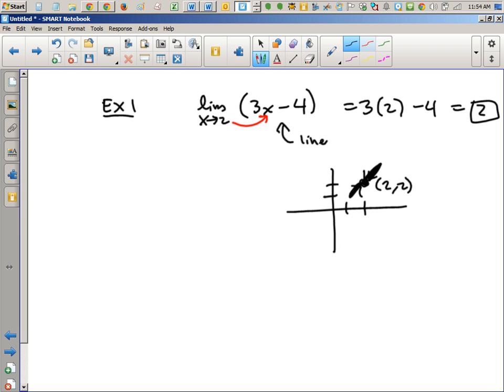And this is the way continuous curves are. Every point is filled, so the limit always agrees with the function's definition. So what I'm saying is the first thing you should try on a limit problem is plugging in the little number under the limit. Okay, let's try another one.